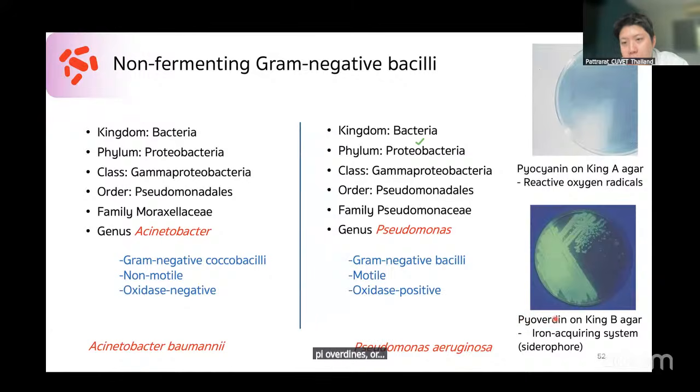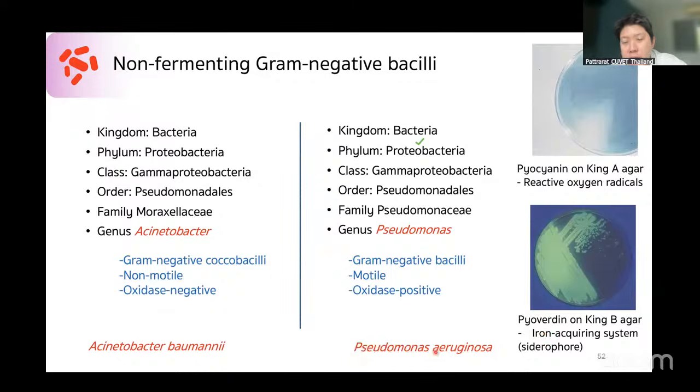or fluorescein. Fluorescein is fluorescence, meaning the colonies fluoresce yellow, right? This is also a virulence factor of Pseudomonas aeruginosa. We call this a kind of iron-acquiring system, or siderophore, that captures iron from the environment to cause disease.